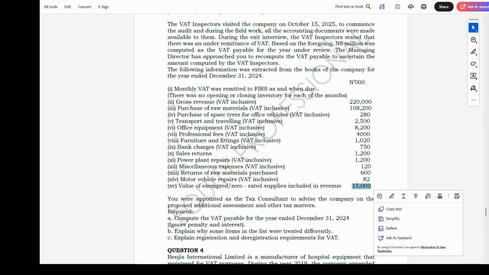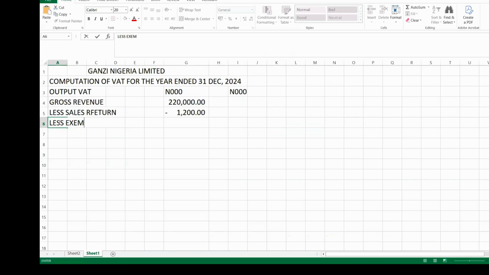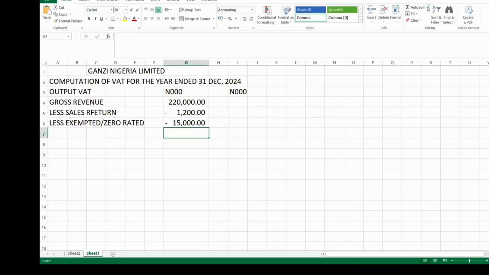You also see less exempted or zero-rated item, minus 15,000, because it is already included in sales. The resulting figure will now give us the value 203.